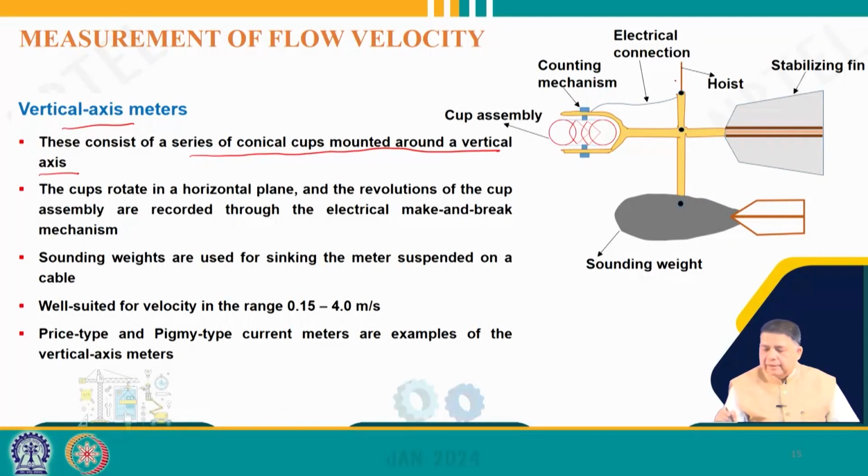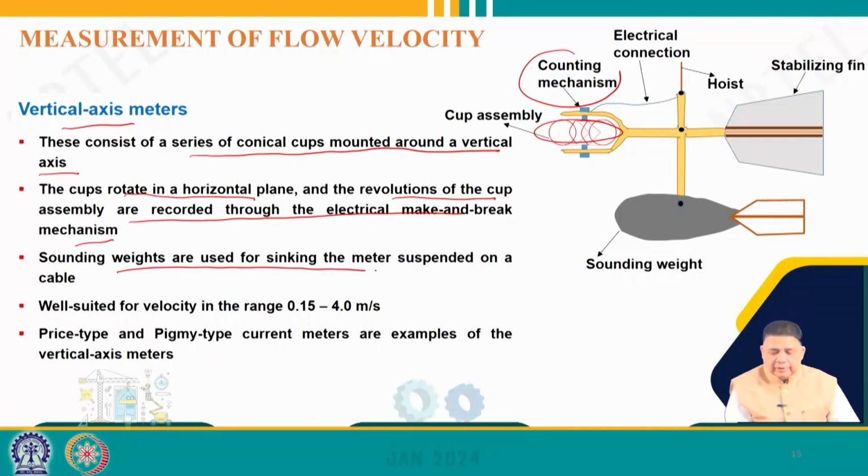So, as you can see here, there is a vertical axis, and you have a series of conical cups or cup assembly. The cups rotate in a horizontal plane, and the revolutions of the cup assembly are recorded through the electrical make and break mechanism. So, here there is an electrical connection and the counting mechanism, and then this rotation is recorded.